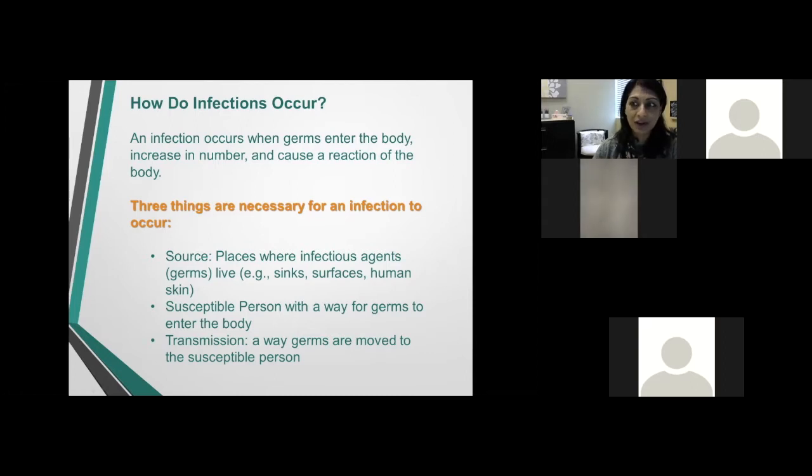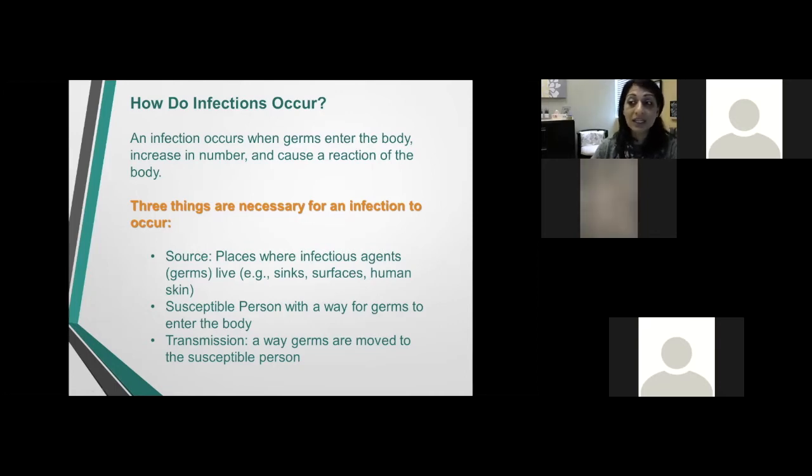One is we need to have a germ, and the source can be found either in sinks or surfaces or human skin. Bathrooms are really good for it. Our cell phones, keys, because we don't think to sanitize them very often. Those types of things can carry germs.